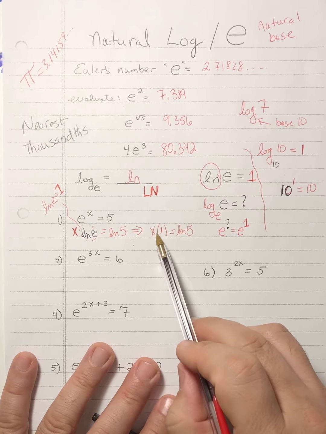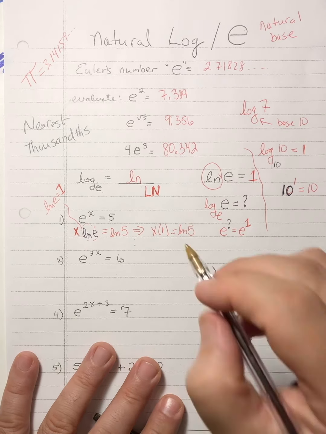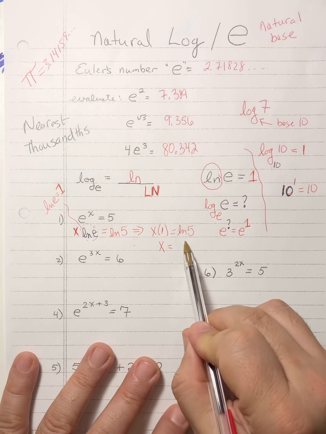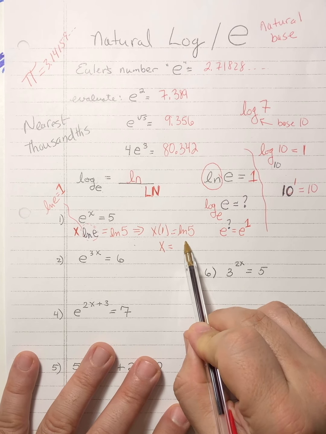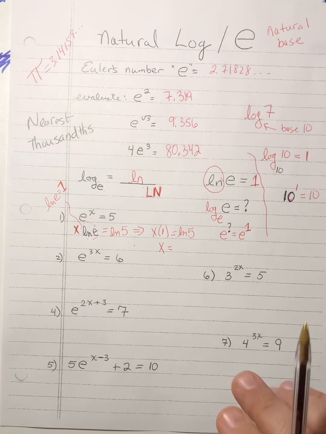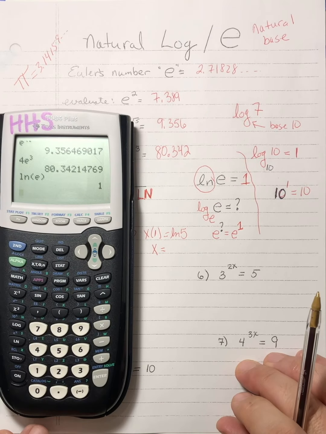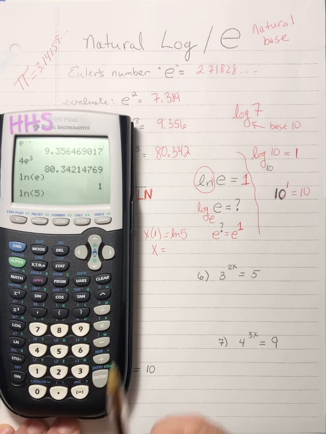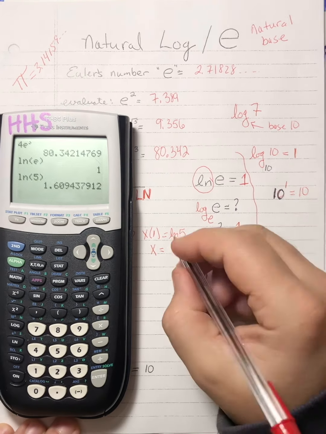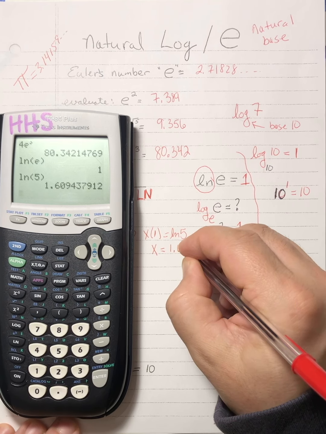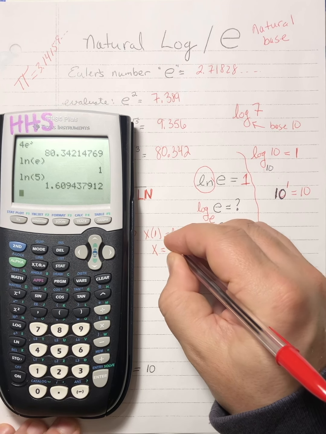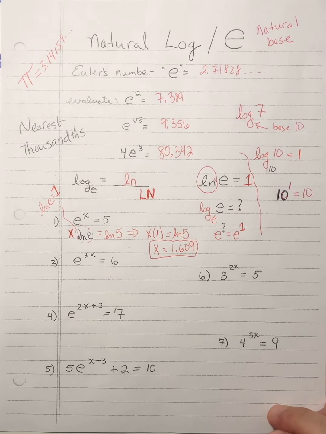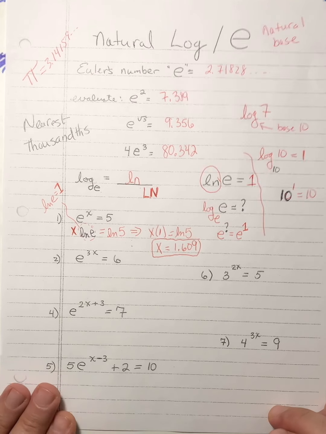Well, do we really need to say x times 1? You're right. So then x equals, and all I have to do is type this into my handy-dandy calculator and figure out the answer. We're going to round to the nearest thousandth. So ln of 5. Hit enter, and we're done with the problem. 1.609 to the nearest thousandth. Okay? That's it. Let's look at the next one.